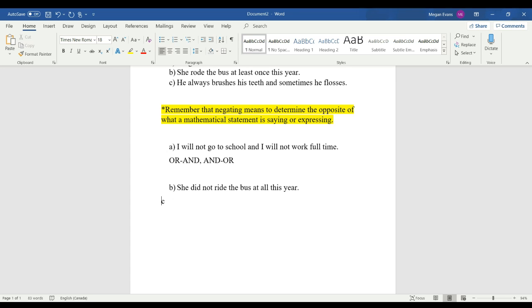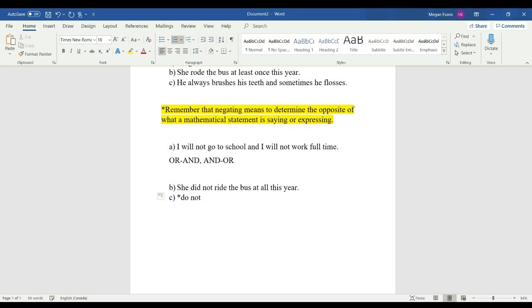Moving on to C. It says he always brushes his teeth and sometimes he flosses. So let's focus on what is going to be the opposite of he always brushes his teeth. Your automatic response, I would understand if it was he never brushes his teeth, but let's be realistic. If you never brush your teeth, they're going to fall out. So in math, with this statement, it's really important that we're not going from one extreme to the next.